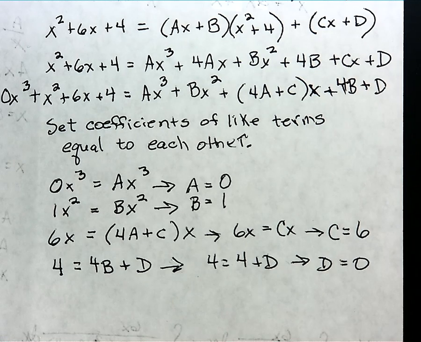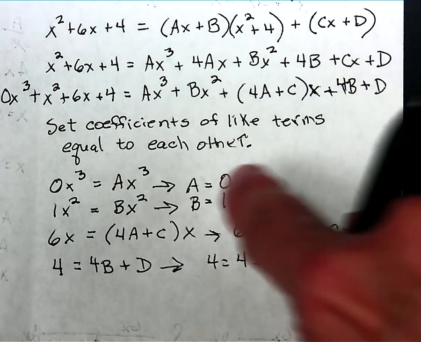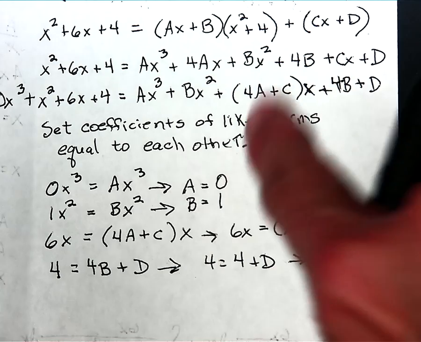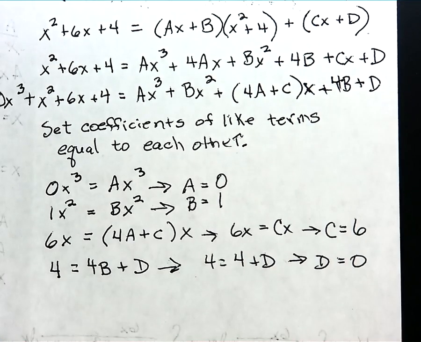If one polynomial equals another polynomial, the only way that can happen is if all of their coefficients are equal. And so what do I have when I put 0 in for A, 1 in for B, 6 in for C, 0 in for D?